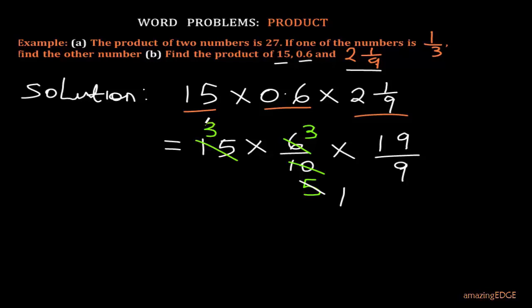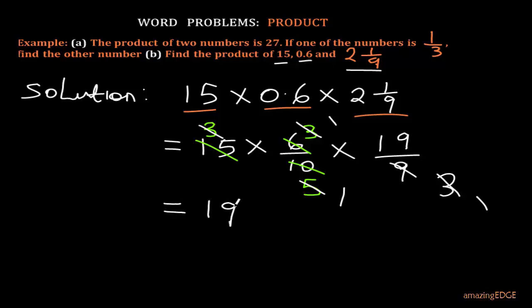Then let's see if there is any other thing that can divide. Yes, 3 can divide itself to 1, then it can divide 9 to 3, and finally 3 can divide itself to 1, and divide this one to 1. So at the end of the day, the only thing that is left undivided is 19. So the whole thing now gives us 19.